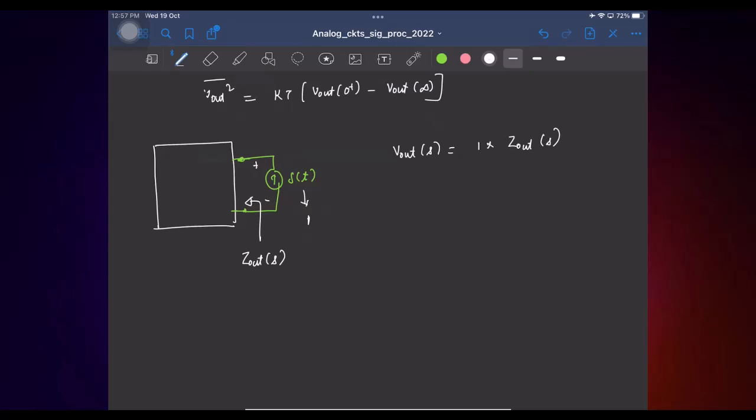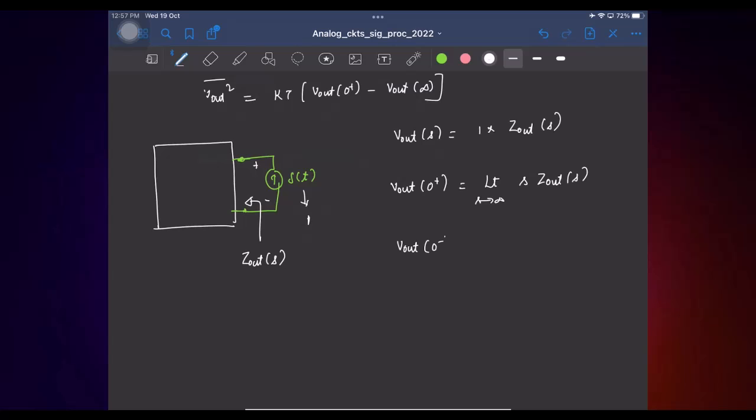Is there something that relates the Laplace transform to these two values? We have theorems specially made for this. So what is V out of 0 plus in terms of the Laplace transform? And V out of infinity is S tends to 0.